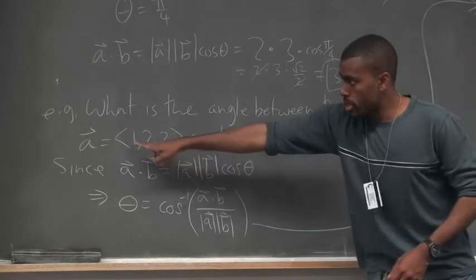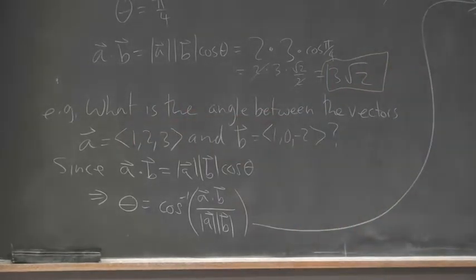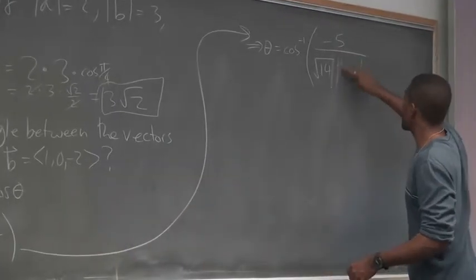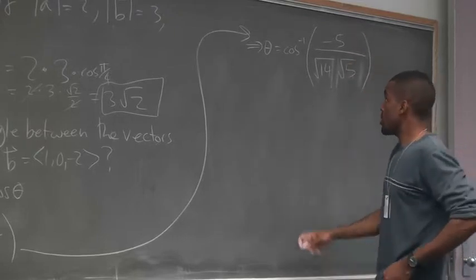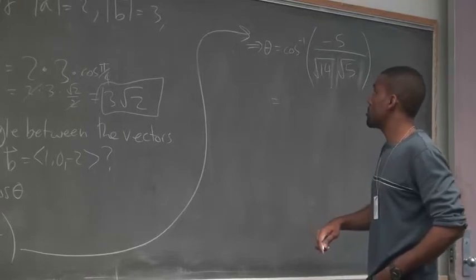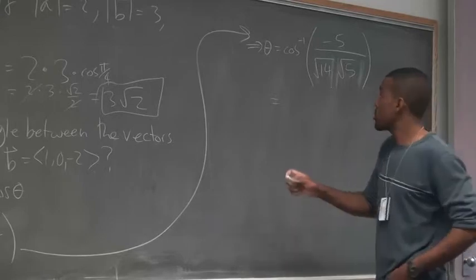Okay, so this one's root 14. Remember, it's the radical of this square plus that square plus that square. This is radical of 14, and then this is radical of 5, which is root 70 on the bottom.